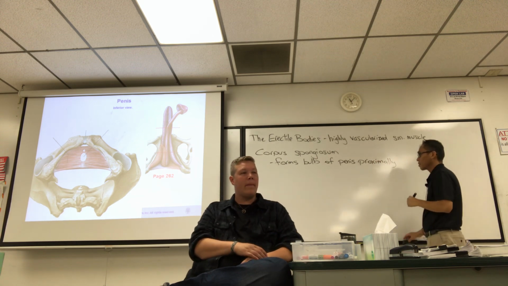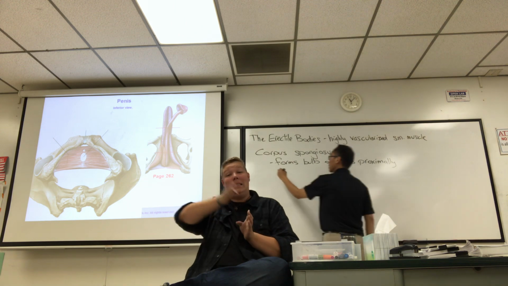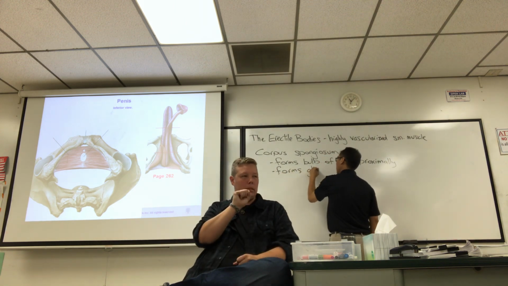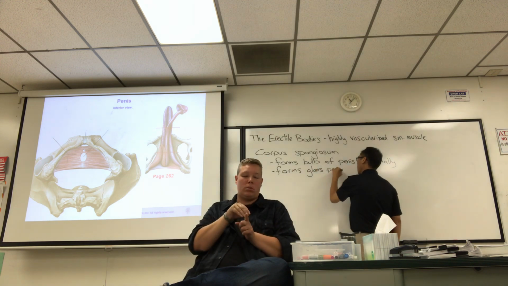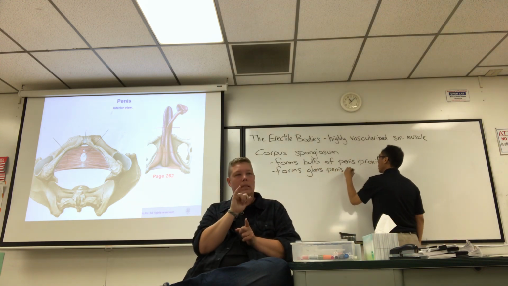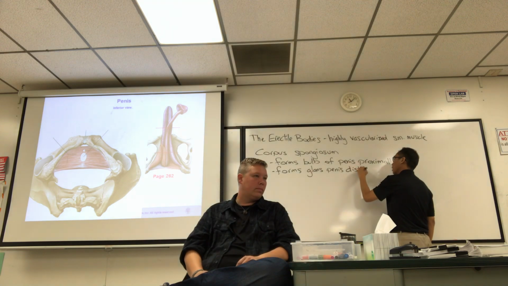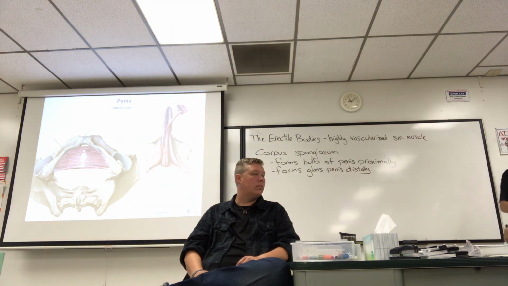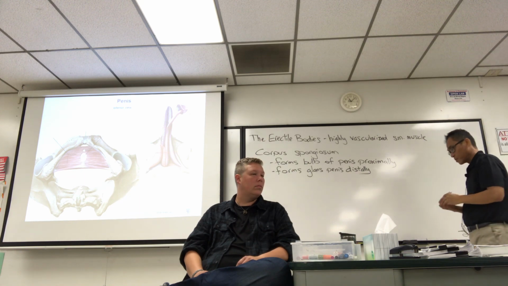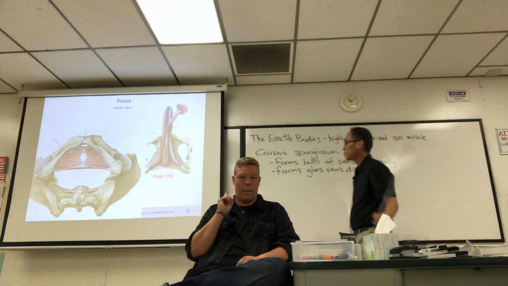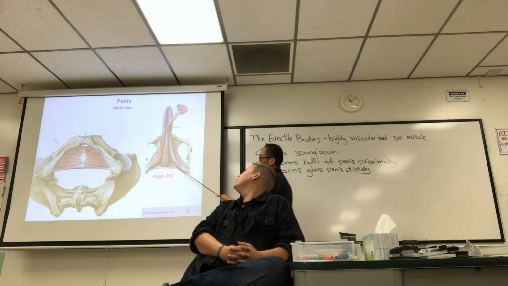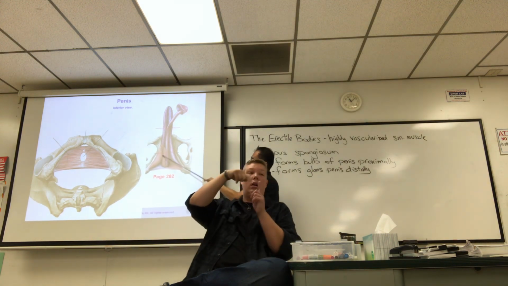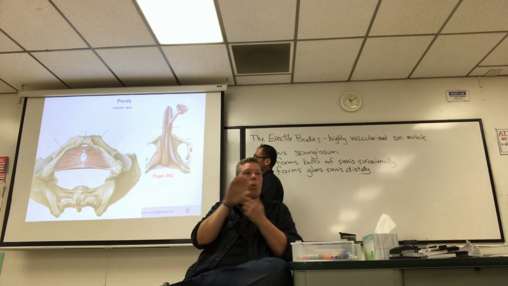And distally, it forms the glans penis. So if I point out these structures, there's the bulb, and then there's the glans. But the whole thing is corpus spongiosum, erectile tissue.